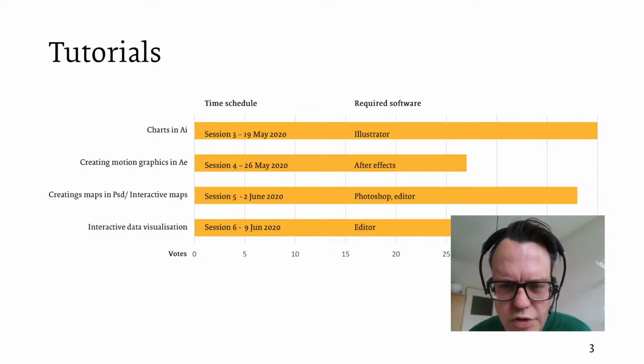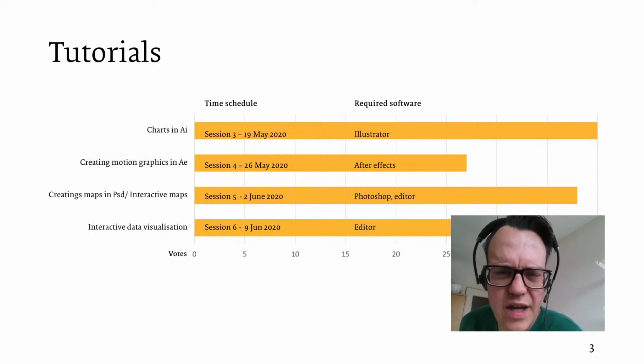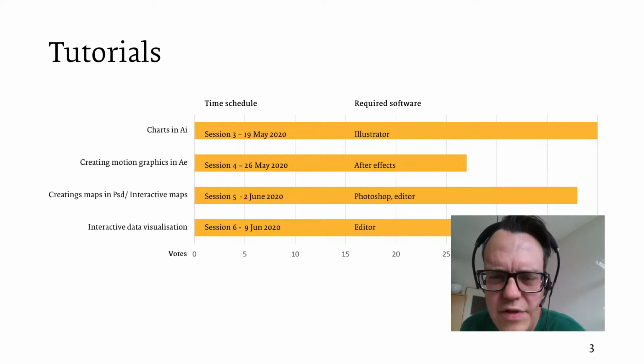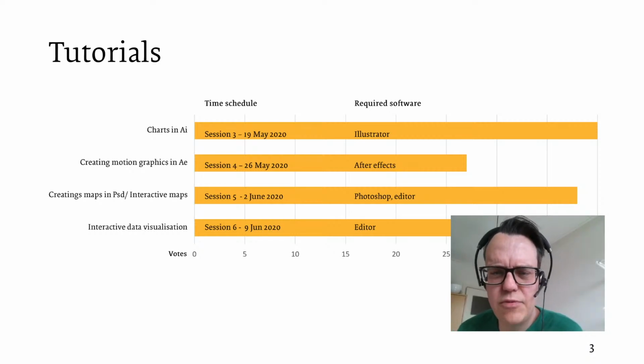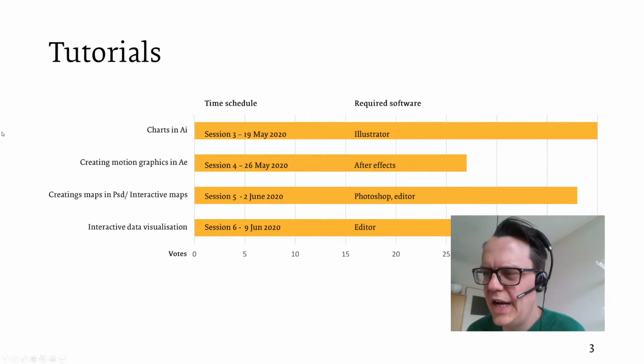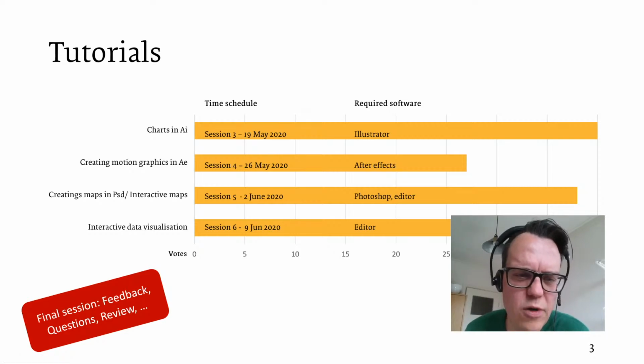It's also quite popular, a little over half, I think. I had 58 responses. But After Effects has quite a steep learning curve, so that's the reason why I put it in the second session. Now, the final session will be on feedback, questions, and review.